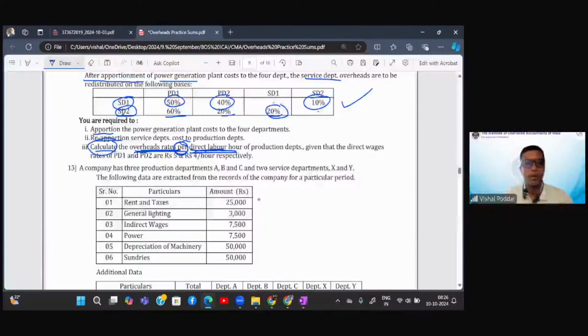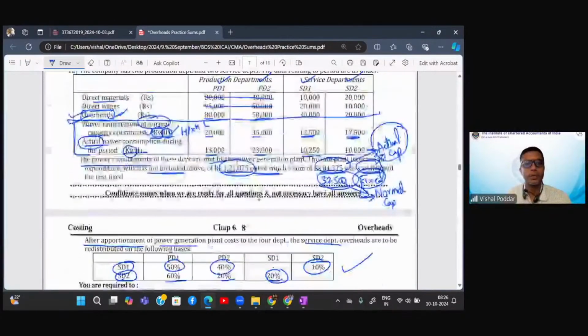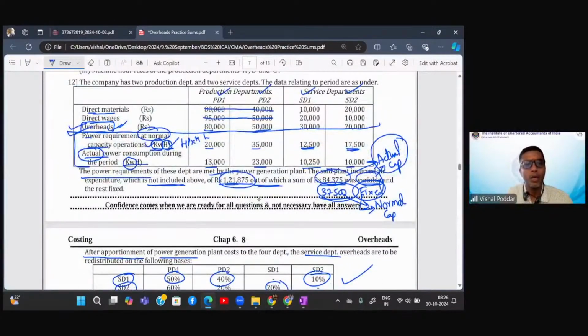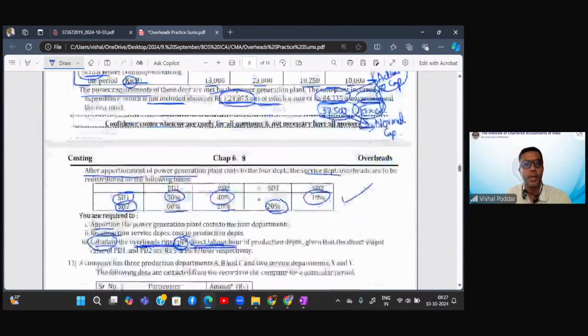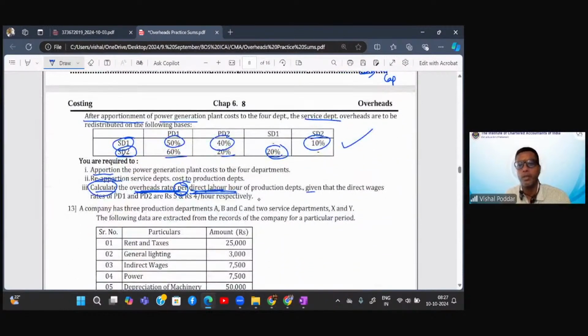Now, why have they not given it in the question ready-made? See, what is the data given in the sum? You know direct wages. Besides this, there is nothing else given for labor. So the only data we have is of direct wages. Now, what else have they given? They have given here that the wage rate is ₹5, ₹4 per hour.